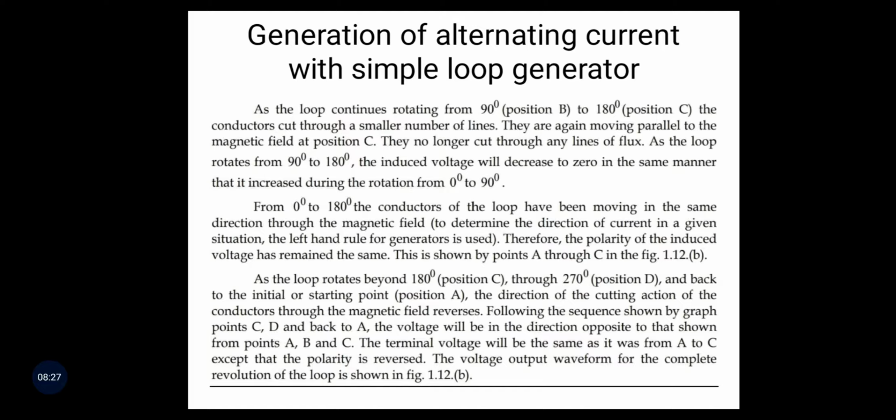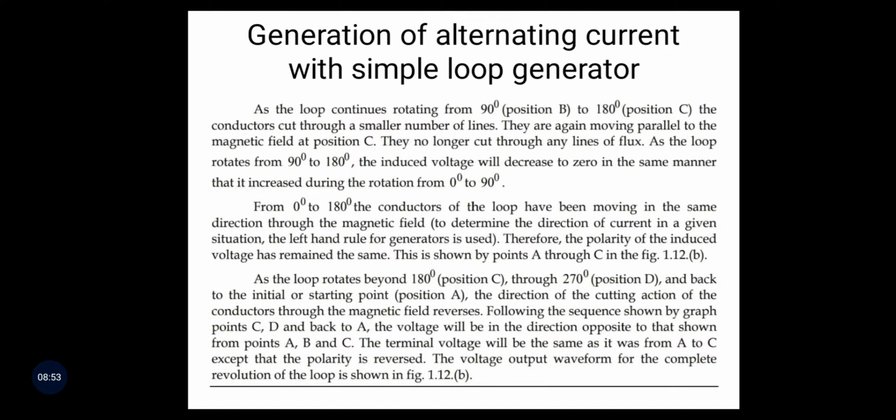As the loop rotates beyond 180 degrees position C, through 270 degrees position D, and back to the initial or starting point, the direction of the cutting action of the conductors through the magnetic field reverses.